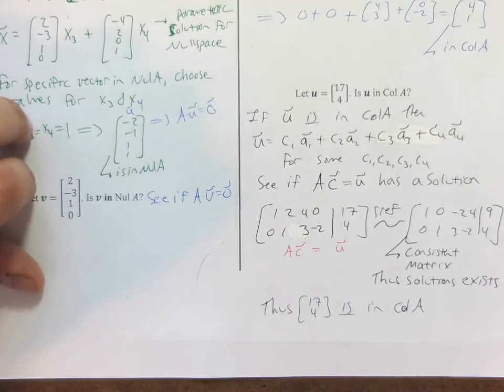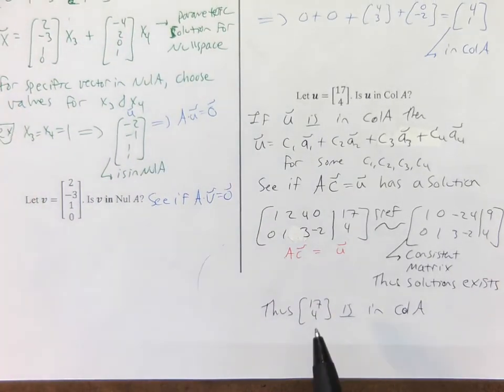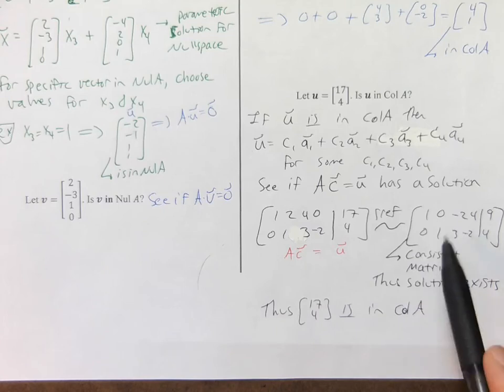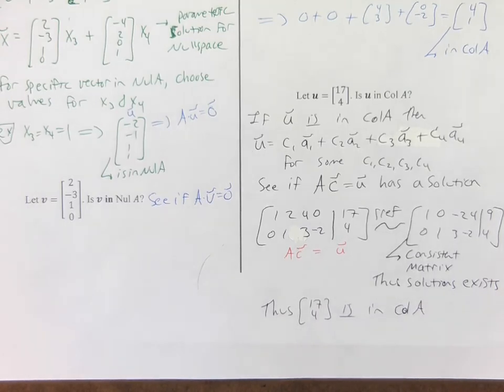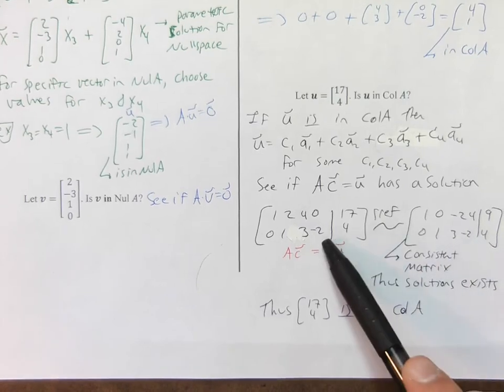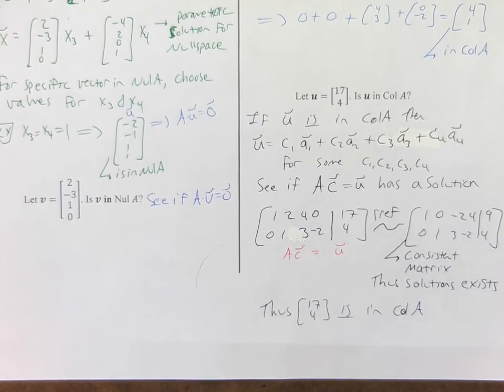If we want to know the linear combination of the columns that give you 17.4, we would need to solve the system and get some values. But just seeing that there is a solution to the system is enough to say that it is in the column space.